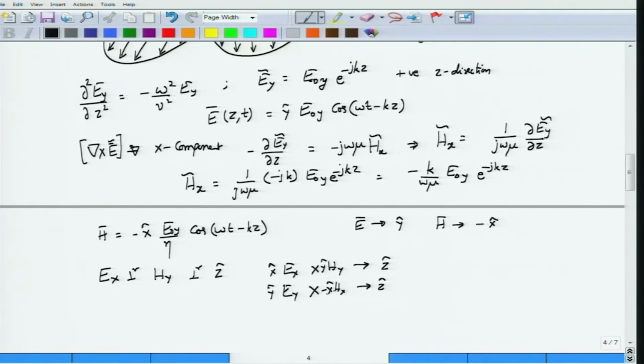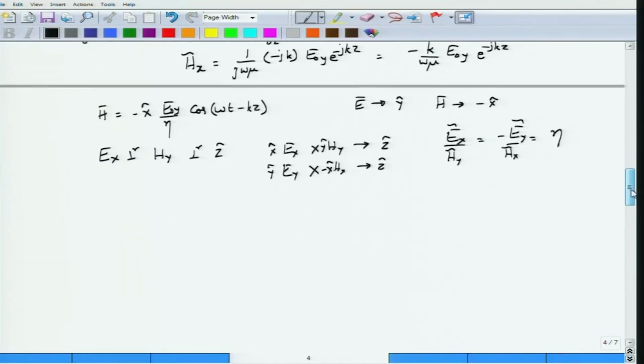Therefore you write down this as minus x hat, right. So we have phasor ratios Ex by Hy phasor is equal to minus Ey by Hx phasor is equal to eta, eta being the medium impedance, right.